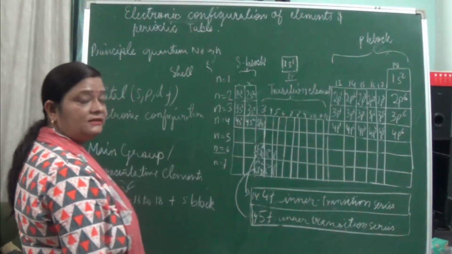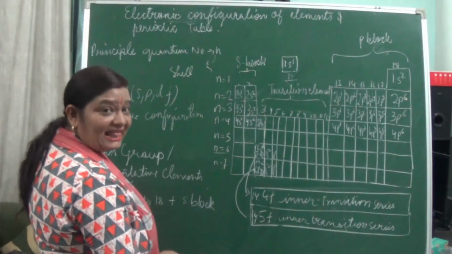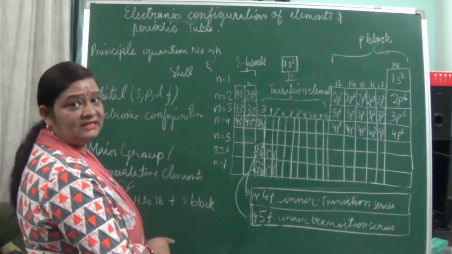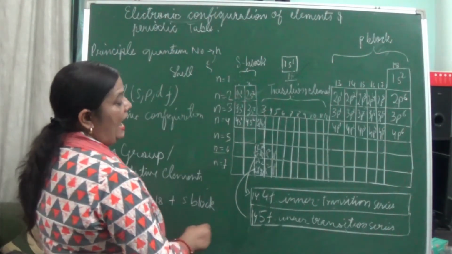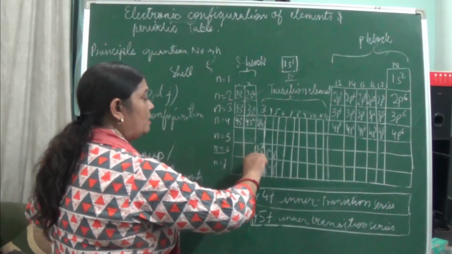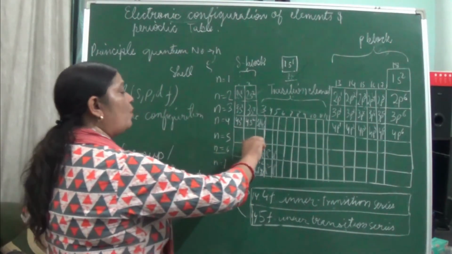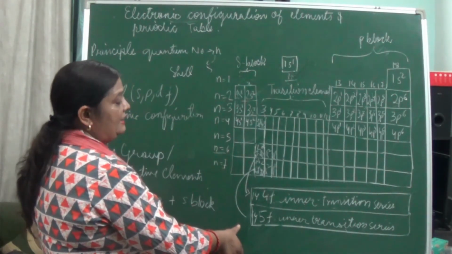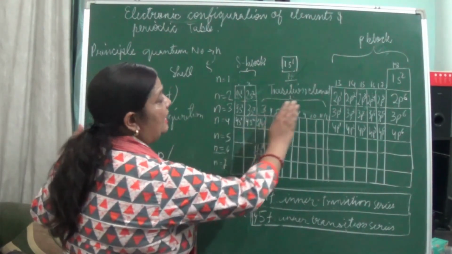The 4f inner transition series are known as lanthanoids, and the 5f inner transition series are known as actinoids. Okay, and as they cannot be accommodated in this small space, they are written separately below the periodic table. And this is how the elements are arranged.